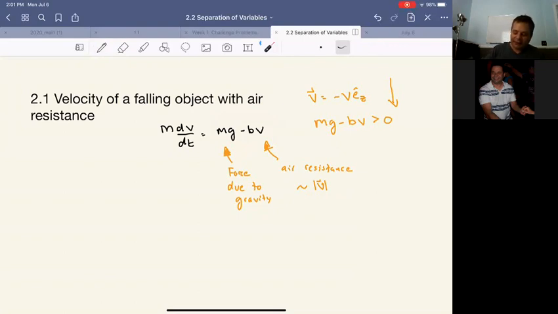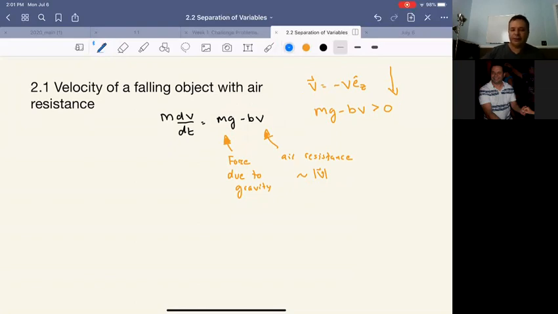So now let's solve this via separation of variables. The only variables we have are v and t. Our independent variable here is t.